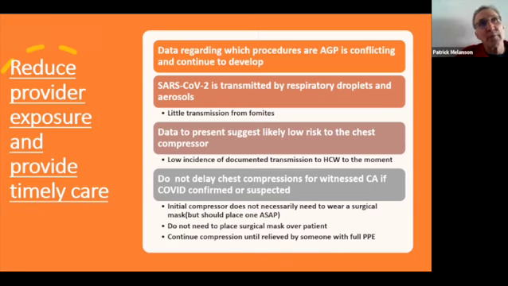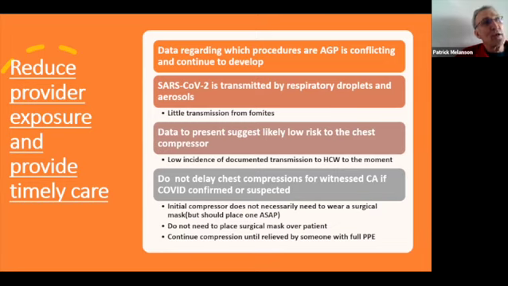Again, at the beginning, we were very concerned about what equipment we brought into the room, how we cleaned the equipment when it came out. Less concerned about that now. We're focusing more on aerosols more than anything else, and less so on respiratory droplets, and certainly less so on fomites. The data to present suggests that there's very low risk to the chest compressor.